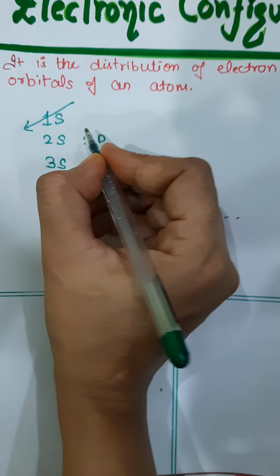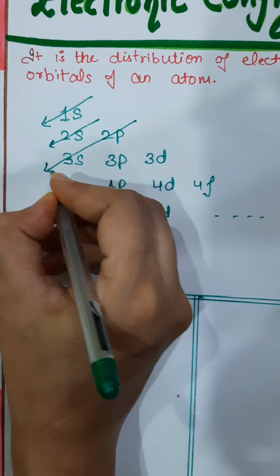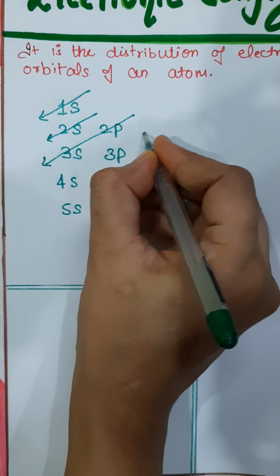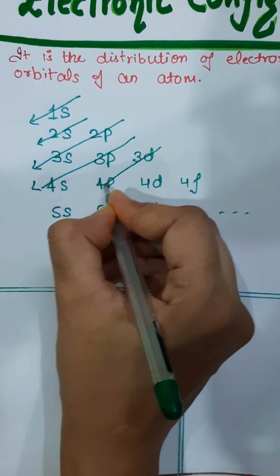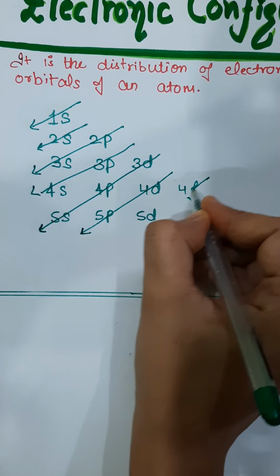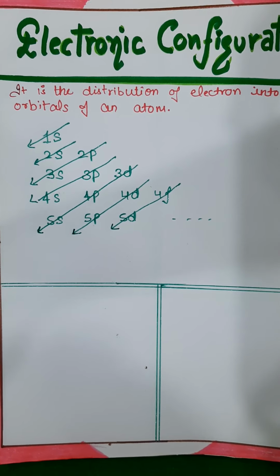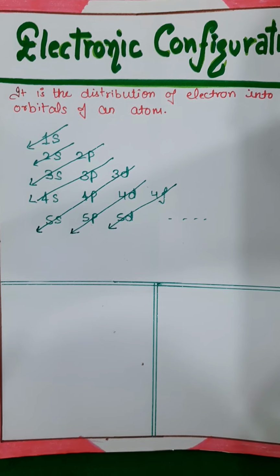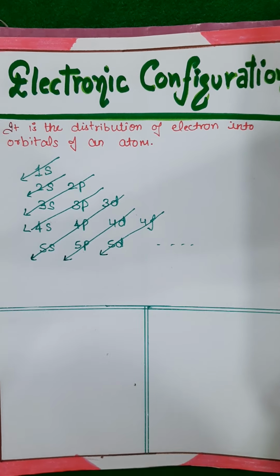Lower energy shell 1s, then 2s, then 2p, and after that 3s, 3p, 4s, after that 3d, 4p, 5s, then 4d, 5p and then 4f, 5d. By this you can clearly understand which orbital is filled first: the lower energy orbital, students.